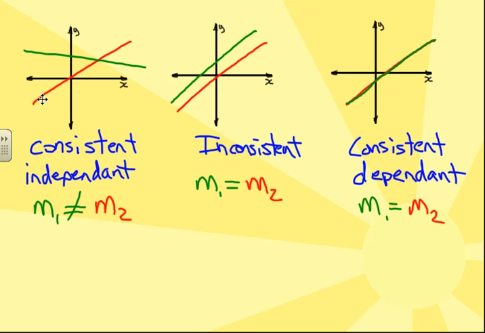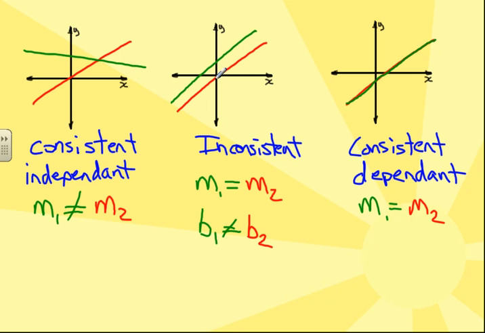Now, next up in figuring this out is how do we separate the other two? Well, we're going to look at the y-intercept. Now, remember, y-intercept is where it crosses the y-axis. So in our middle one here, we have two different y-intercepts. That means the y-intercept from the first line is not equal to the y-intercept from the second line. Two different y-intercepts.